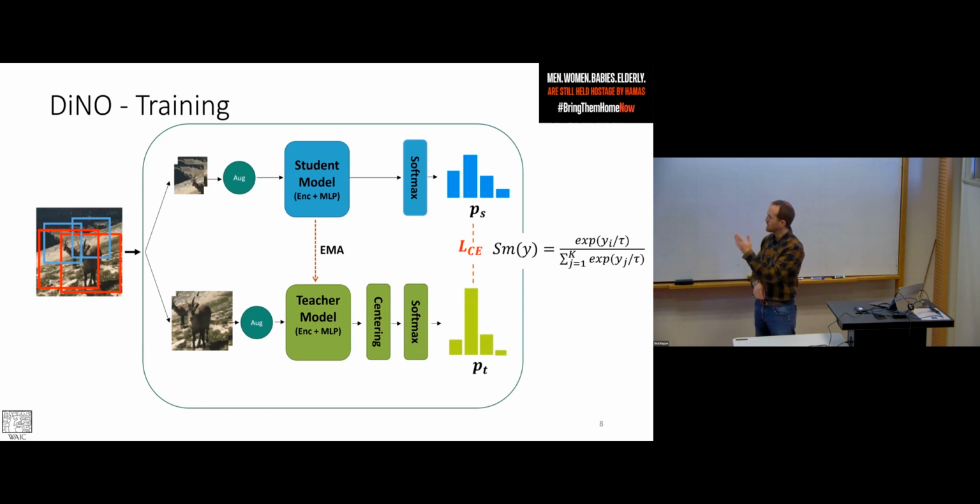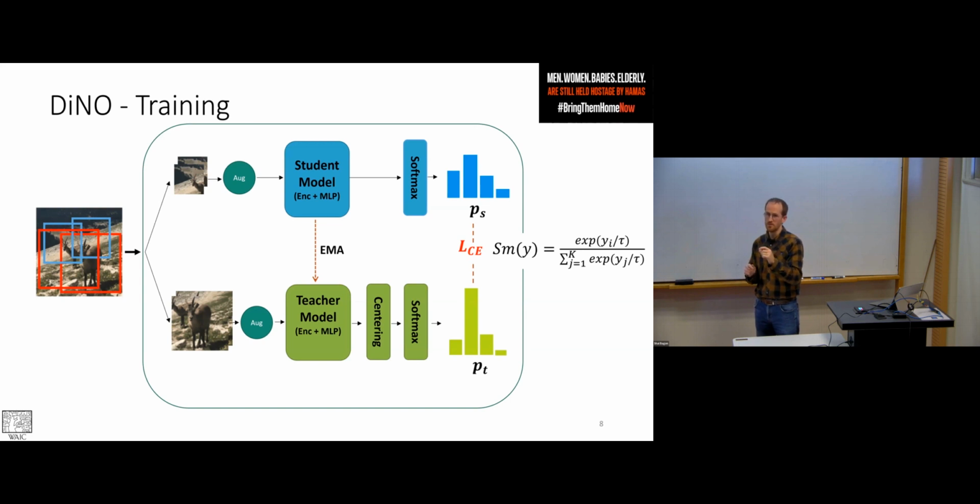So you have different images and different crops that the teacher and the student see. Even if they are identical at the very first iteration, they are seeing different crops, different augmentations of the same image, and they need to predict that this is the same.